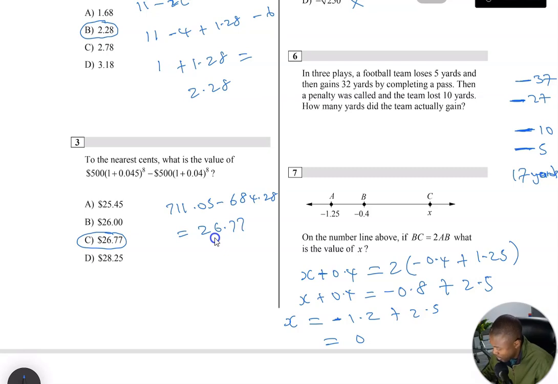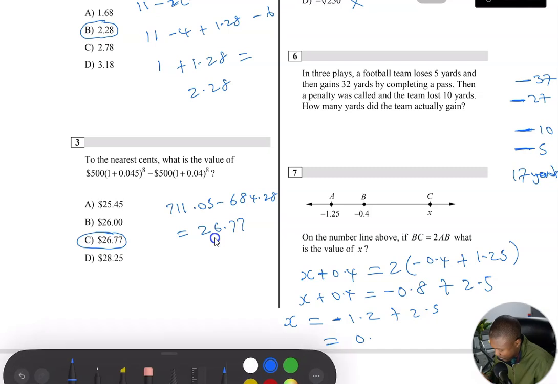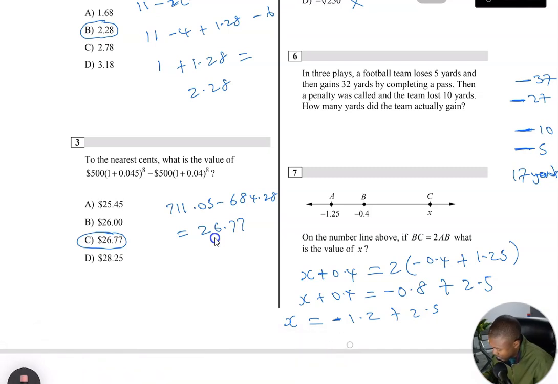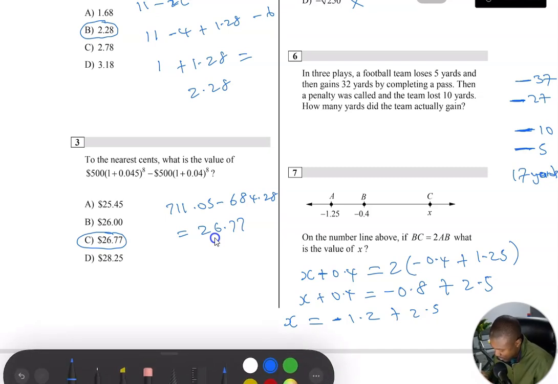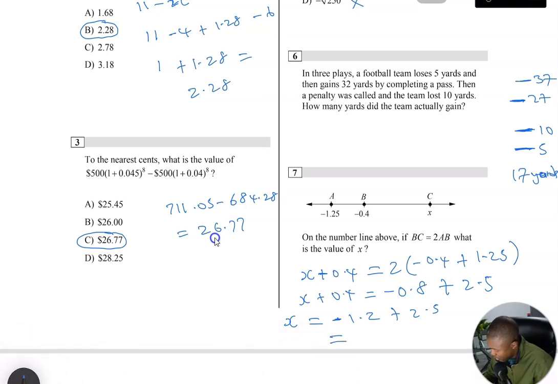So this is going to be 1.3. So remember that I got minus 0.8 minus 0.4 plus 2.5. That's how I got minus 1.2 plus 2.5. And that's the correct answer.